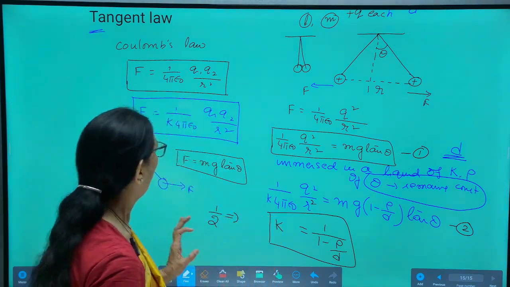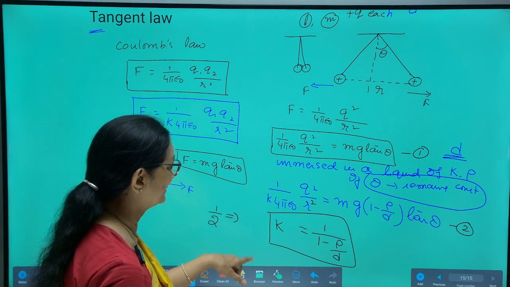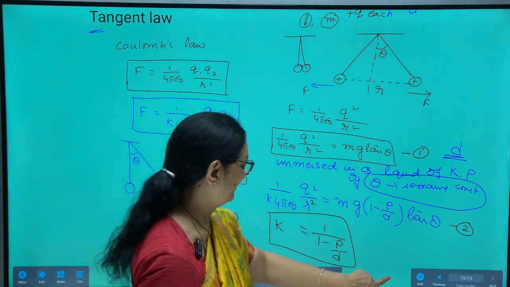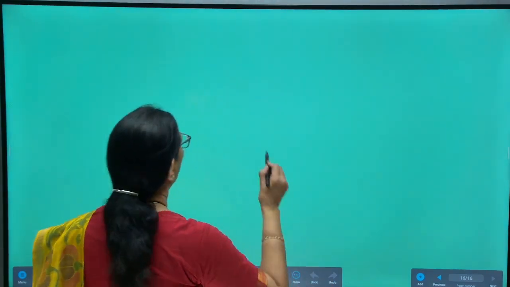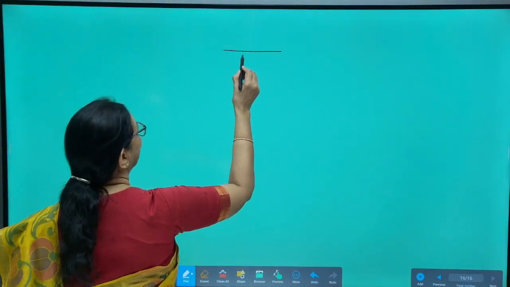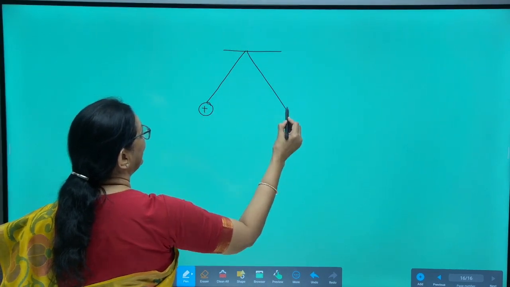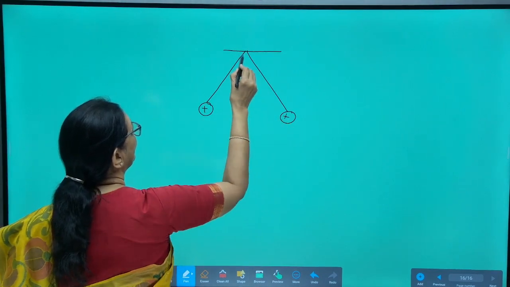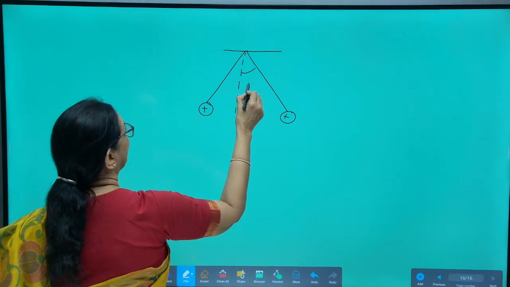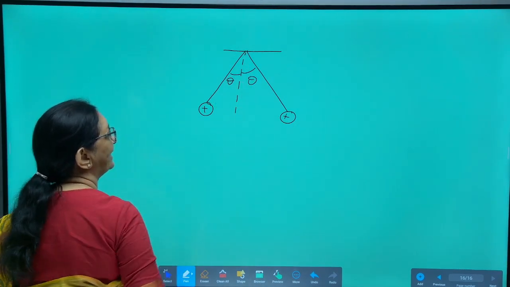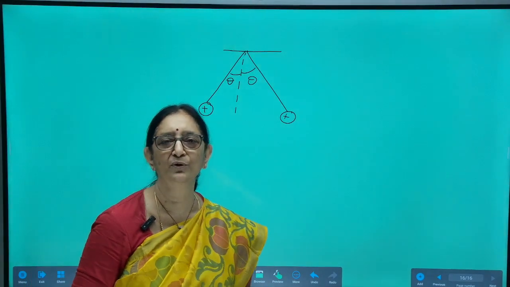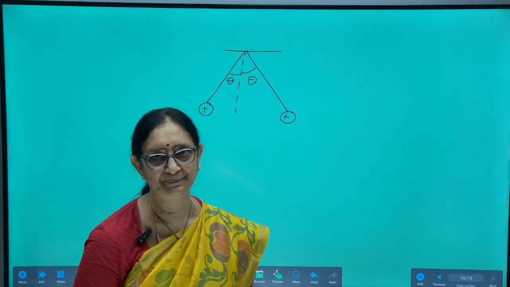Okay. And now, based on this, there is another question. Look here. Two identical simple pendulums with charged bobs are suspended from the same point. Then, if they are identical, each of them moves through the same angle theta.